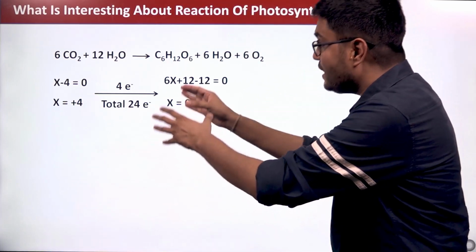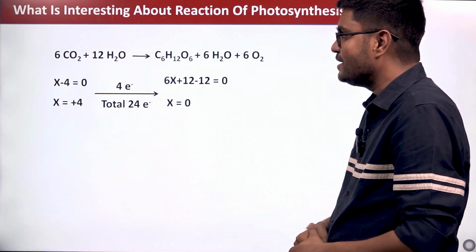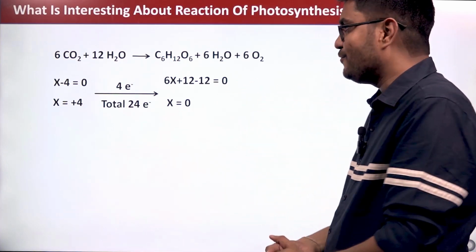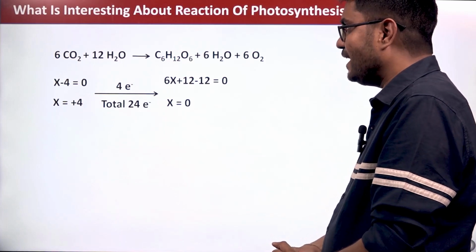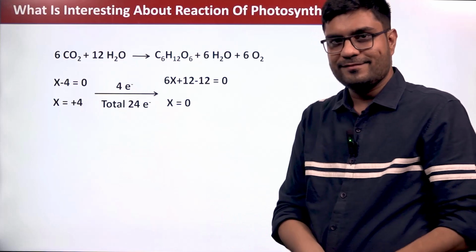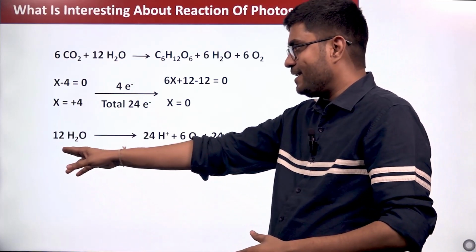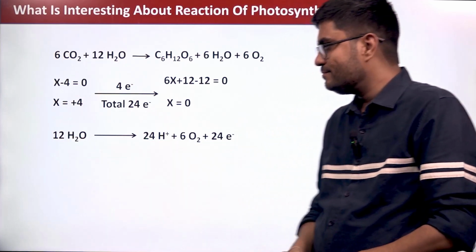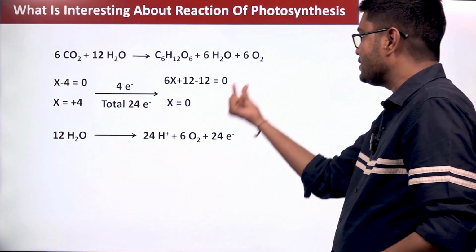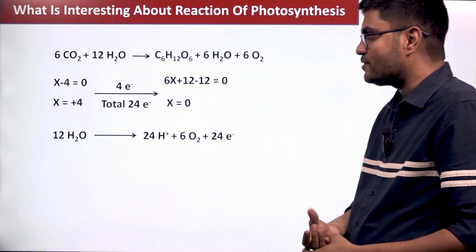Since 24 electrons are being utilized, they should be coming from somewhere, and Mother Nature and evolutionary forces at some point decided that water should be giving these 24 electrons. They thought they could take 12 water molecules, which give us 24 H+, of course 6 O2 being released, and that will give us 24 electrons.